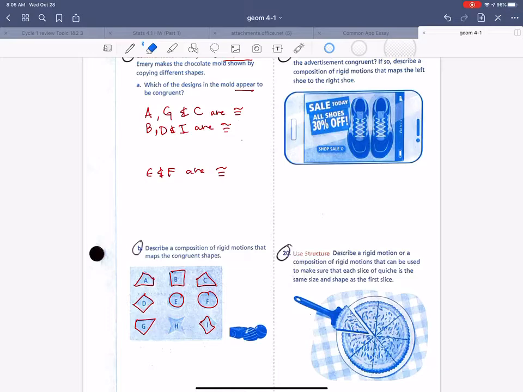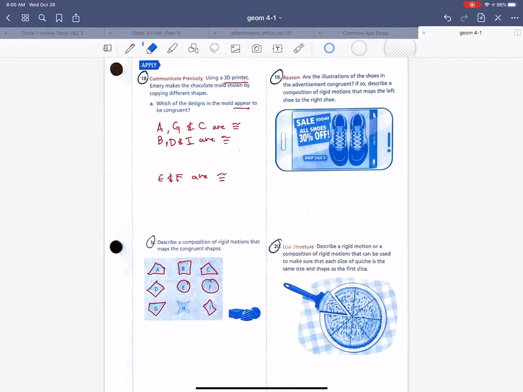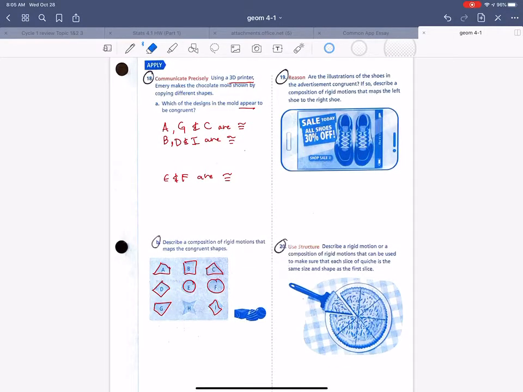Then it says, describe the composition of rigid motion that maps the congruent shapes onto one another. Now again, there's more than one answer, but to get from A to C, it looks like you could just reflect, flip it over, right?